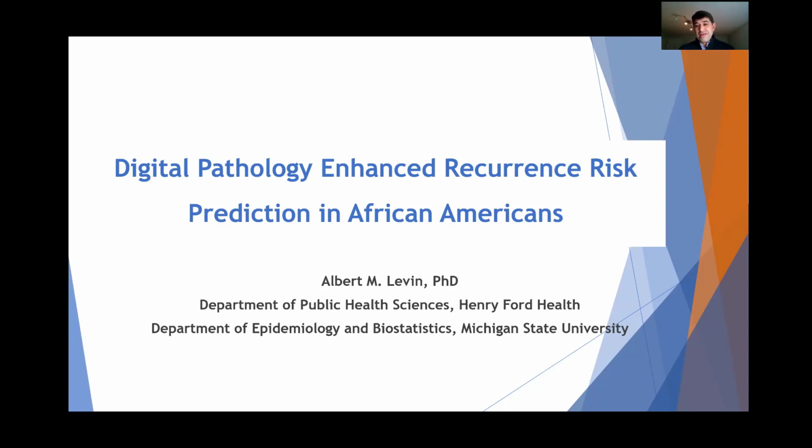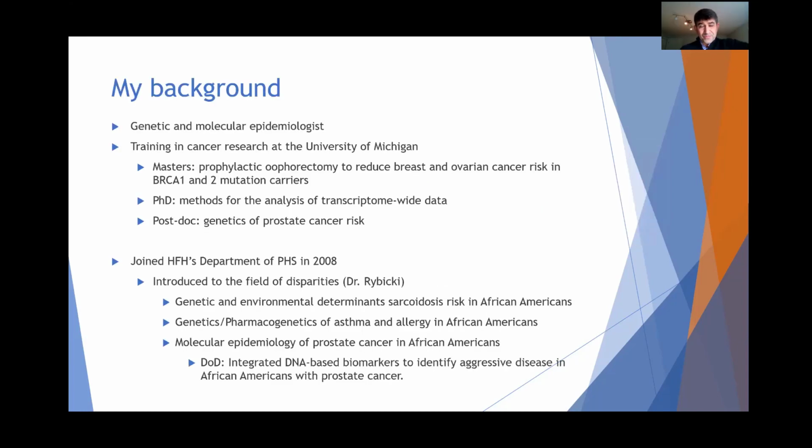And this talk is really an example of this sort of secondary data analysis from an initial African-American prostate cancer cohort study, a retrospective cohort study that we did. And it's a cool application of a new area that we're getting into, image analysis from histopathologic slides.